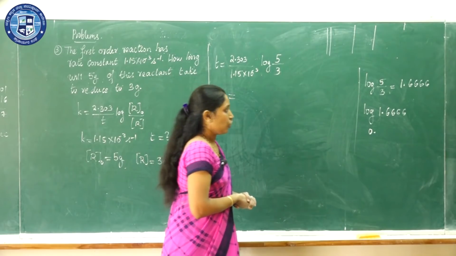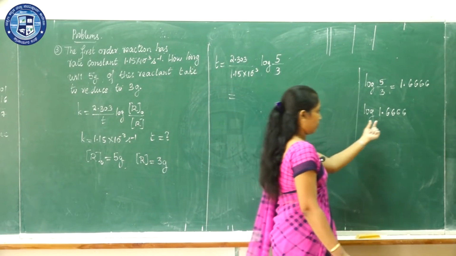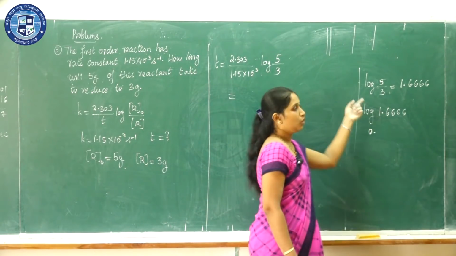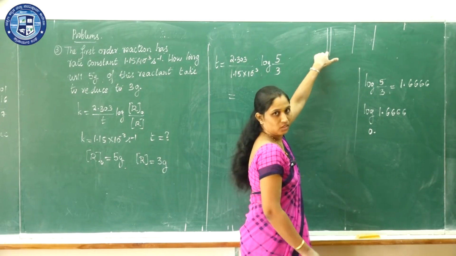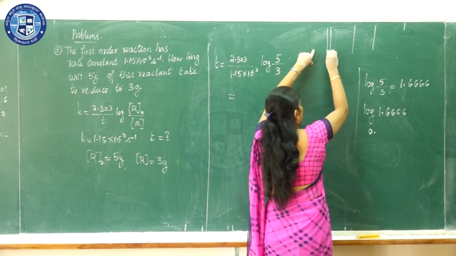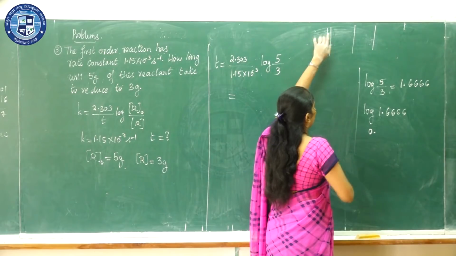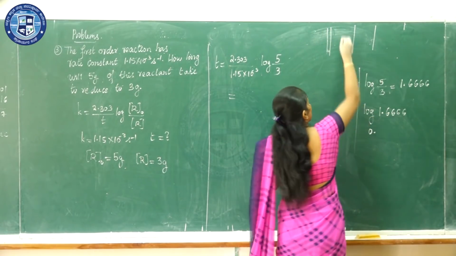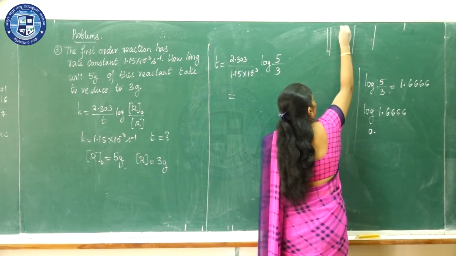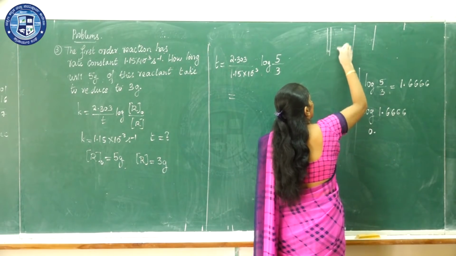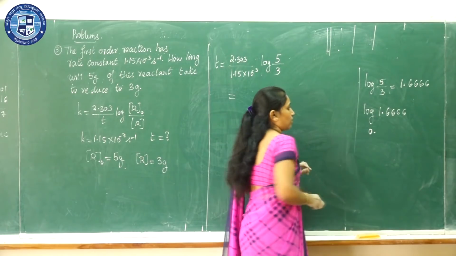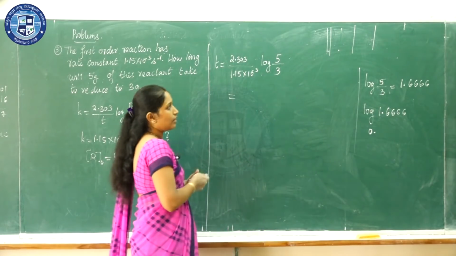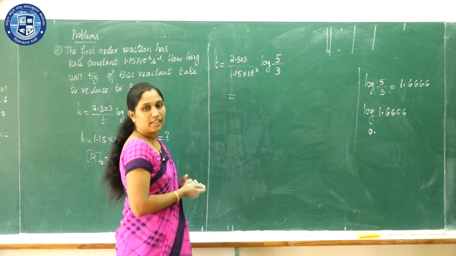What you have to do now is, for the first 2 digits, look in the main column. Just write it here, 16. Then in the difference column, look for the third digit, that is 6. See where those two intersect and take that reading.